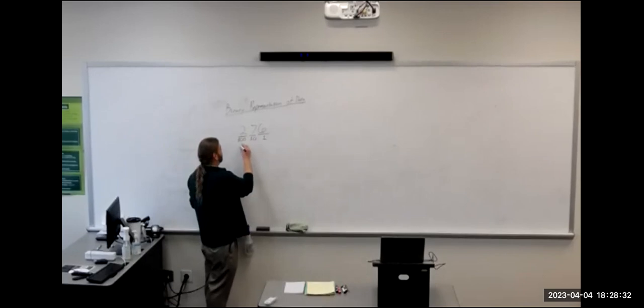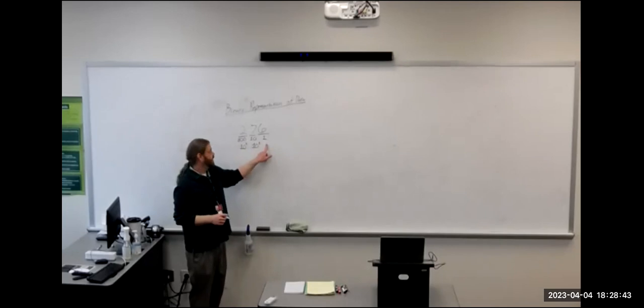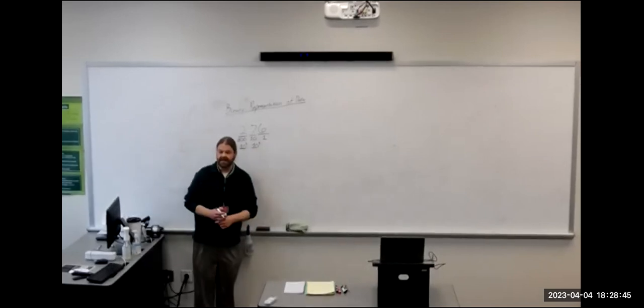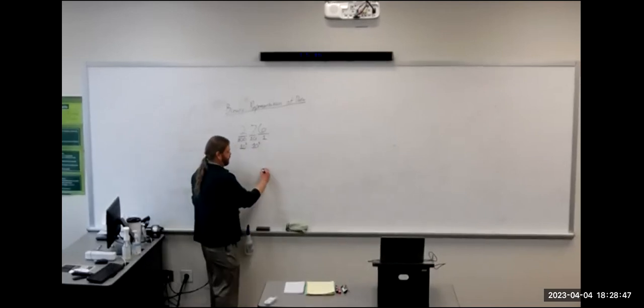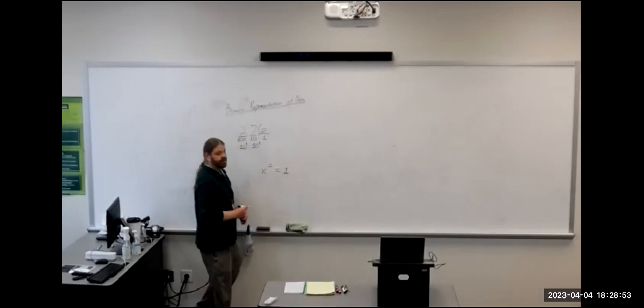Well, these are all patterns of 10. So 100 is really 10 squared. 10 is 10 to the first power. And there's a rule from math that any number, if we raise it to the 0th power, equals 1.